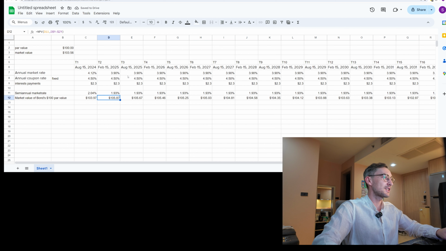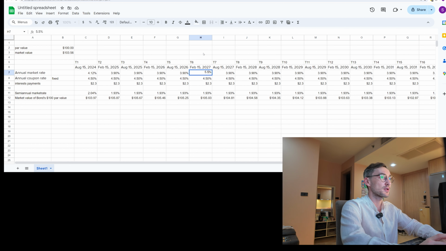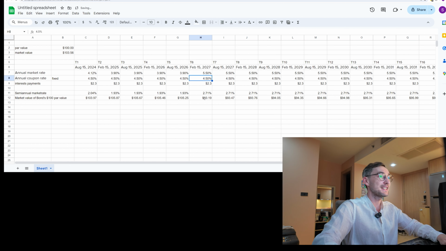And the truth is that at some point maybe the Fed will decide that inflation is still too high and we need to do a hike again. Let's say the interest rate is 5.5. You see that it immediately makes the market price of a bond lower than $100.